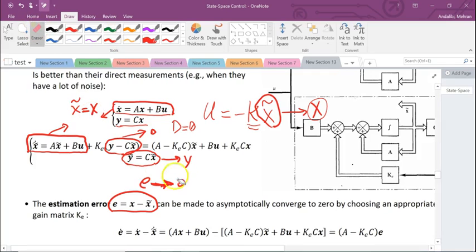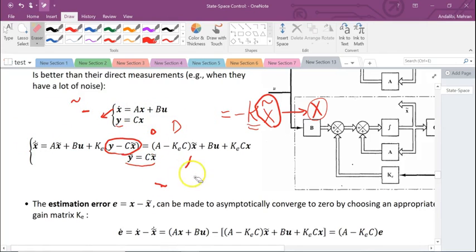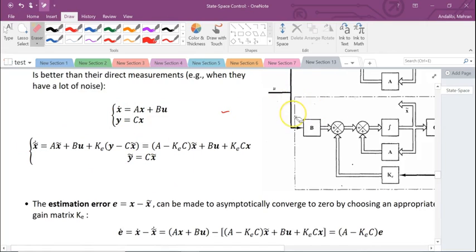Okay, so now we are going to expand this equation if you want. You can expand it or we can keep it as is. So if you expand it, this X tilde term appears in two places. One is AX tilde, the other one is K times C times X tilde with a negative sign. So if you factor it out, you can write it like that.